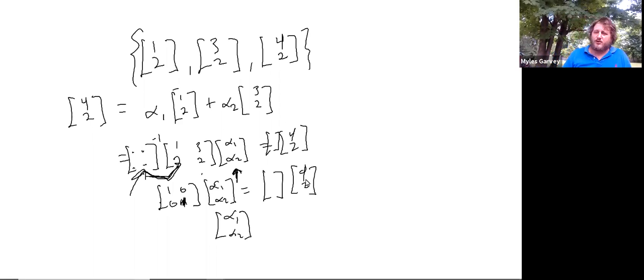But all's not lost, because this motivates a definition: if we can somehow convert this matrix to an identity matrix or something that looks like an identity matrix, then we've solved for the alphas, and we can write the one vector in terms of the other vectors. On the other hand, if we can't do that, then we can't write the one in terms of the other, and the vectors are linearly independent.